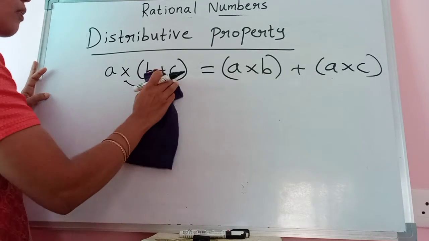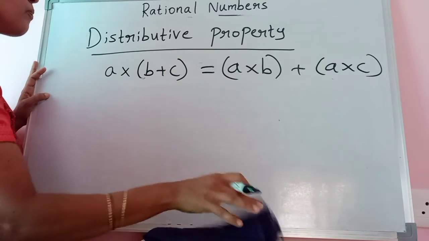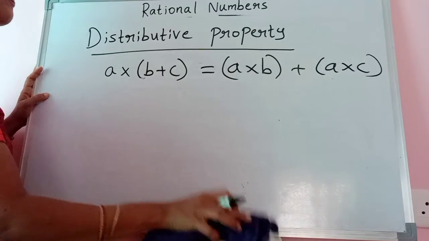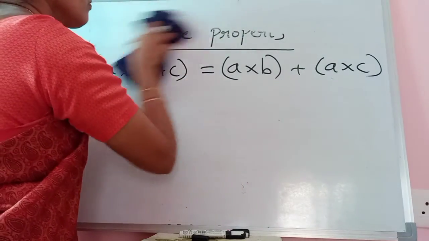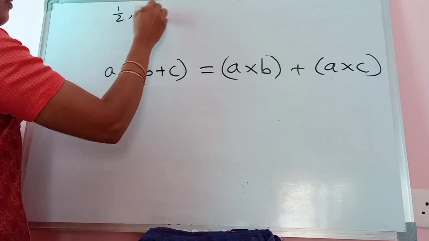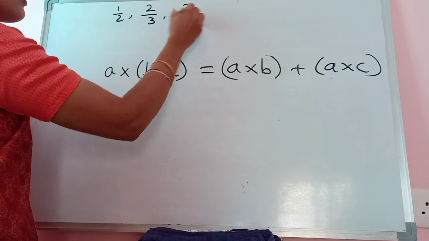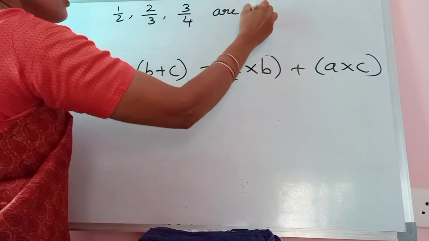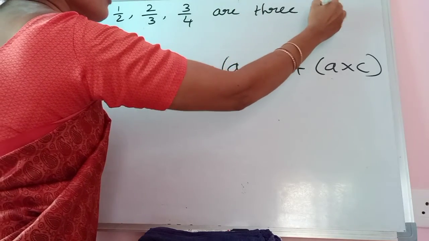This is called the distributive property of multiplication over addition. Now let's check this property by taking an example. 1 by 2, 2 by 3, 3 by 4 are 3 rational numbers.